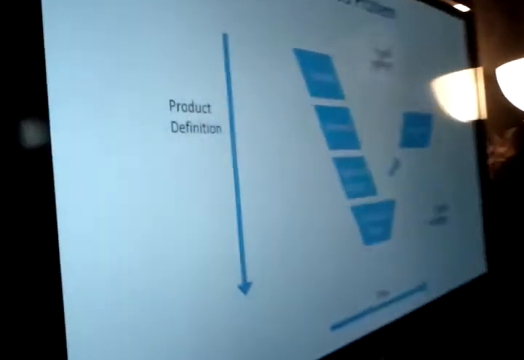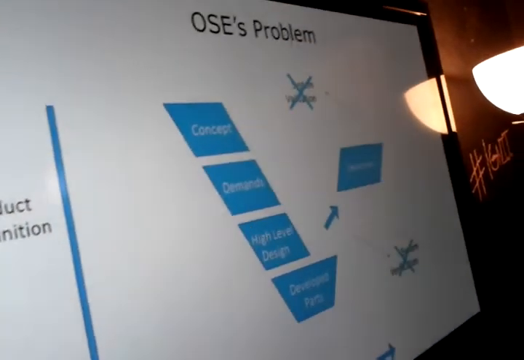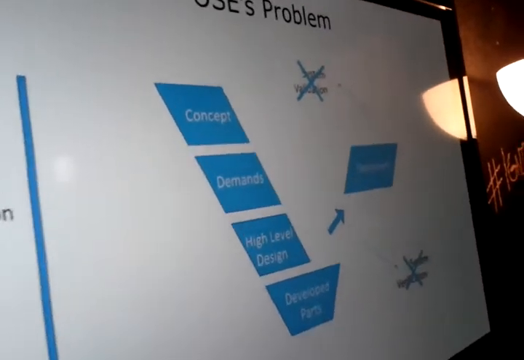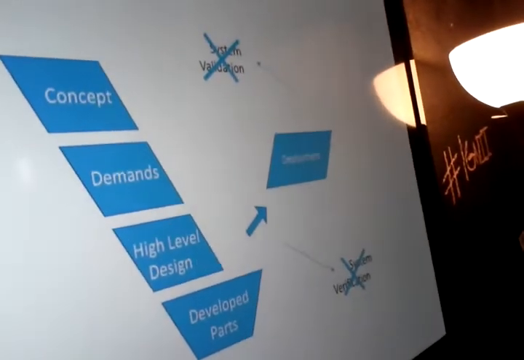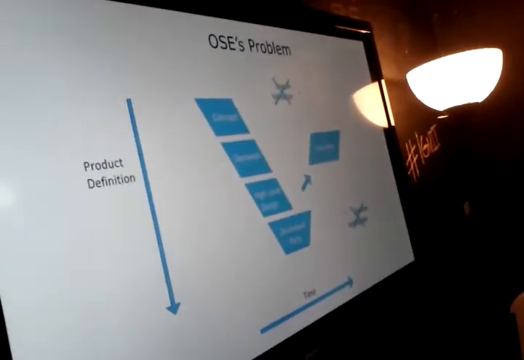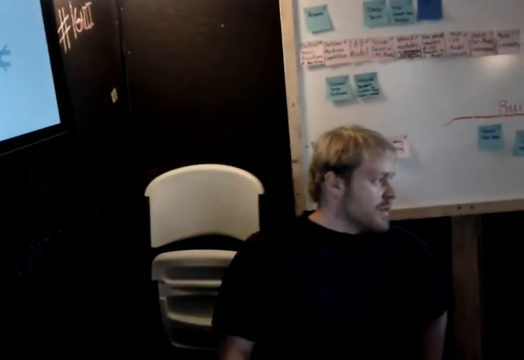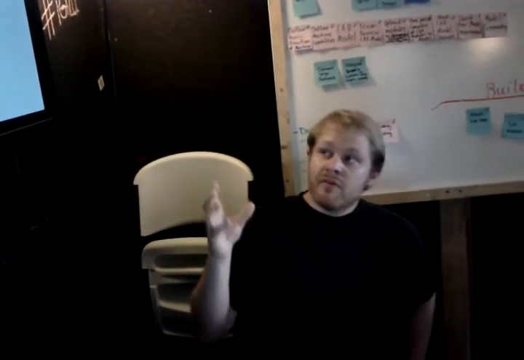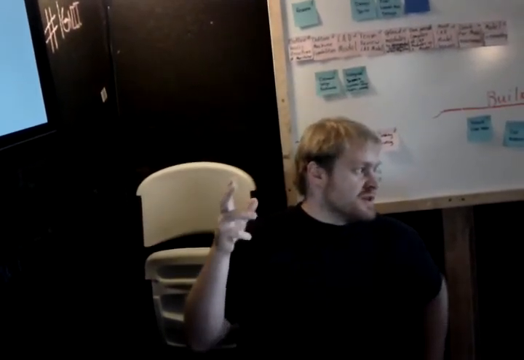The problem that's occurring at OSE is you go through this shortened design cycle because you don't have to verify those individual components, but you don't have the other half, because as soon as you finish development, you send your machine off and there's not really a whole lot in the way of feedback. And there's no instrumentation on the machines to determine if they're actually meeting the original design requirements.